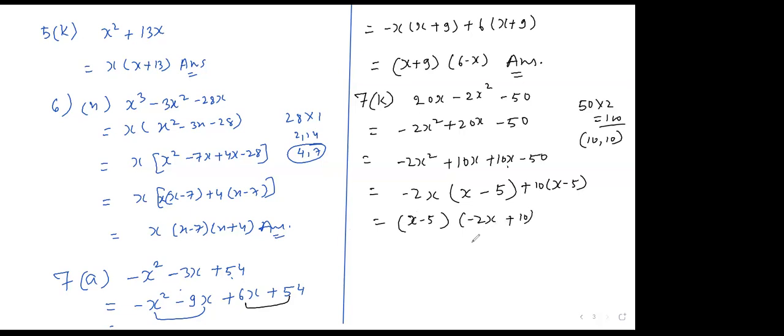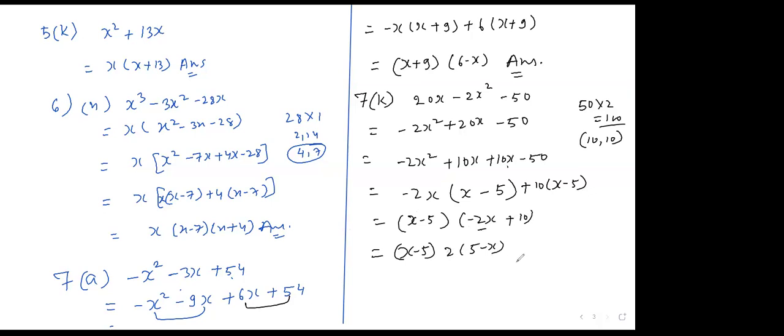And one more thing, we can take 2 common from these two terms as well. You can either take 2 common factor outside the parenthesis, or you can write it this way. So x minus 5, and here we have 2 times 5 minus x. 2 times 5 minus x is what? 10 minus 2x.